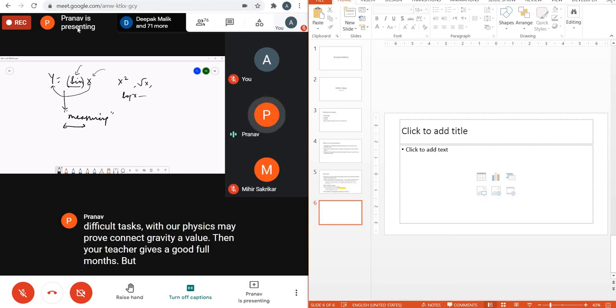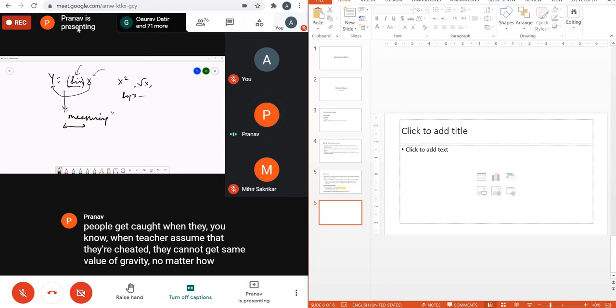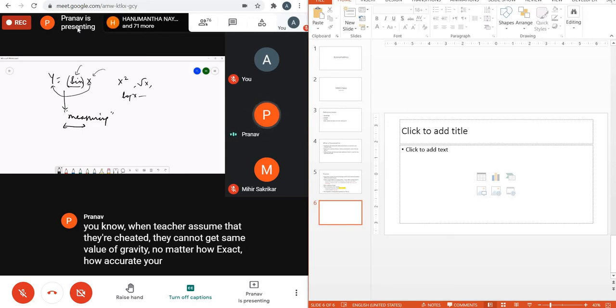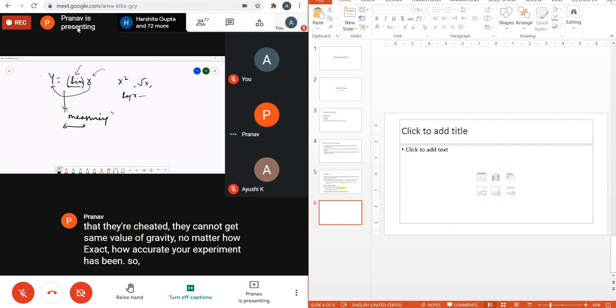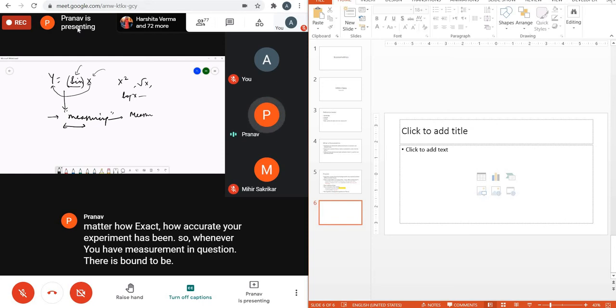But is it possible that all of us get the same value, which is where people get caught when the teacher assumes that they have cheated? Because you cannot get the same value of gravity, no matter how exact, how accurate your experiment has been. So whenever you have measurement in question, there is bound to be measurement error.